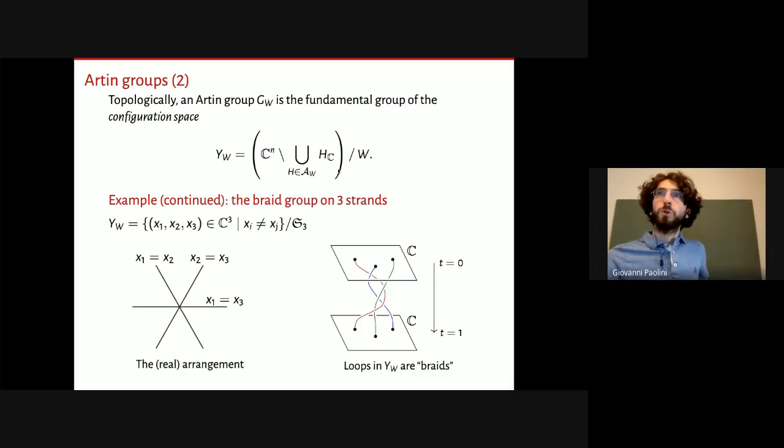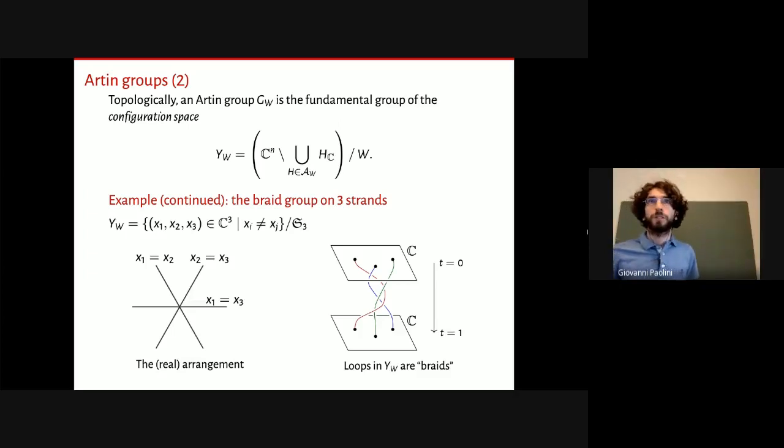And then we take the quotient by the reflection group W. Okay, and a theorem, which is something like 50 years old, says that the fundamental group of this topological space is going to be the Artin group associated with W.